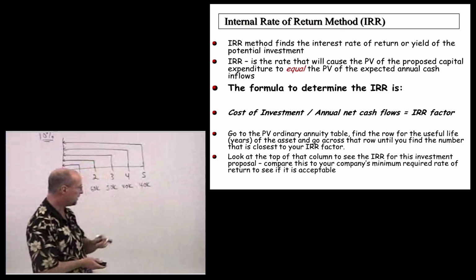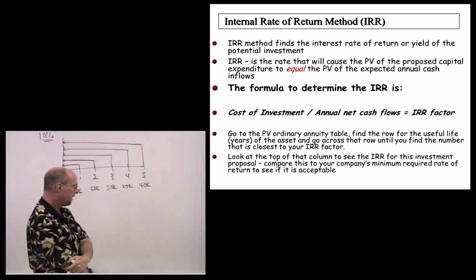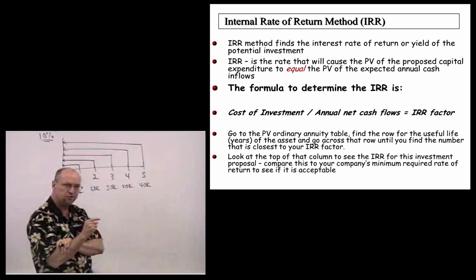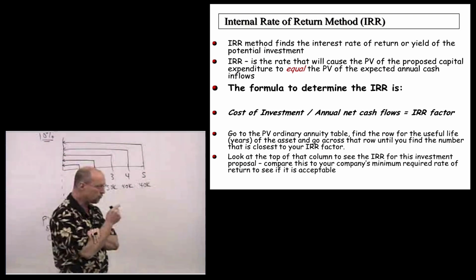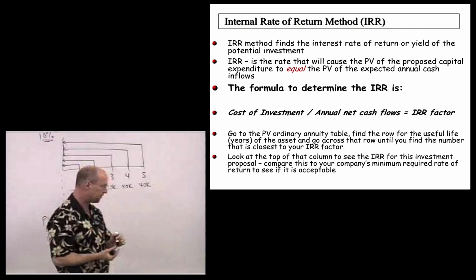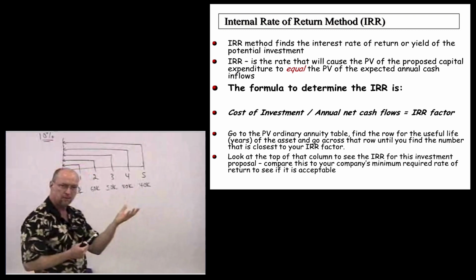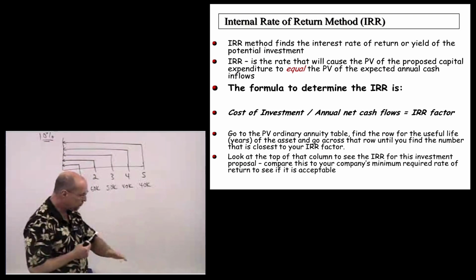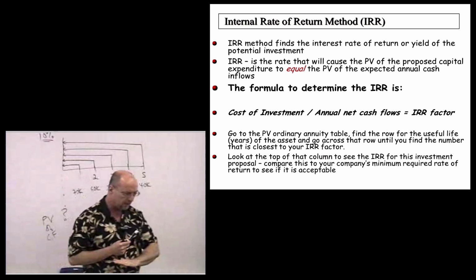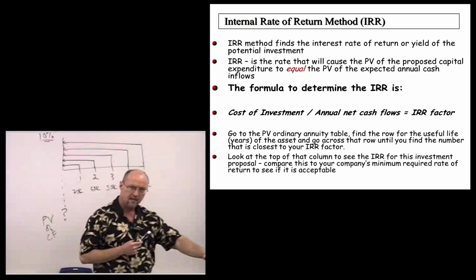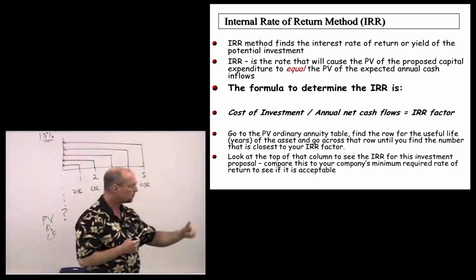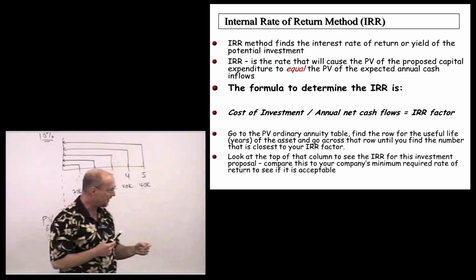Okay, so we go to the present value annuity table. Using the useful life of this investment, that's the row, that's the number of time periods. Okay, and so we have the factor from our formula. We use the useful life as the row, and we're going to go across that table until we get close to our internal rate of return factor.